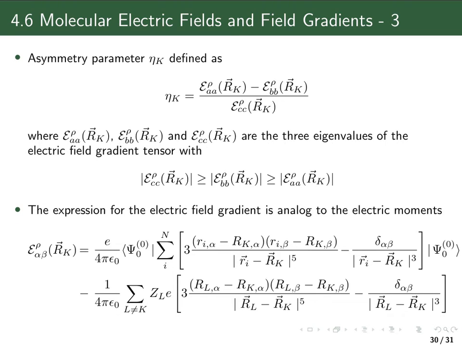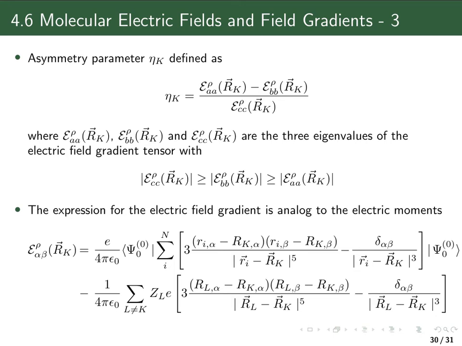In addition to this largest component, one can in some experiments also determine the so-called asymmetry parameter, which is defined in this way, where the alpha and beta components are the two smaller diagonal components of the electric field gradient, and the CC component is again the largest of the diagonal components.